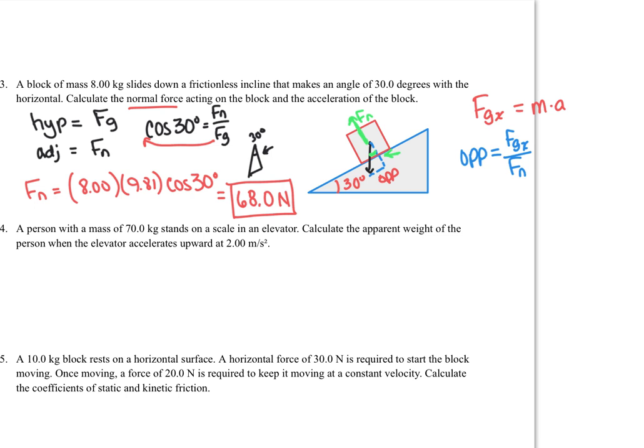Once again, we're going to do our trig function. So the sine of 30, because we're using opposite, if we multiply by the force of gravity, we should get the force of gravity in the x position.